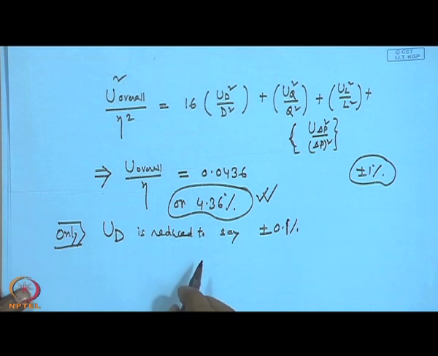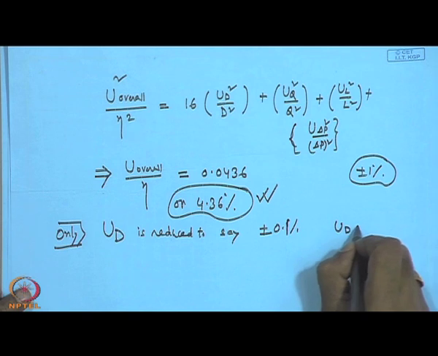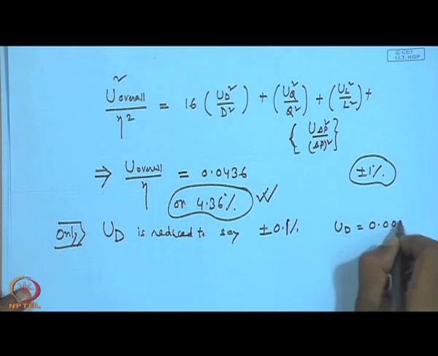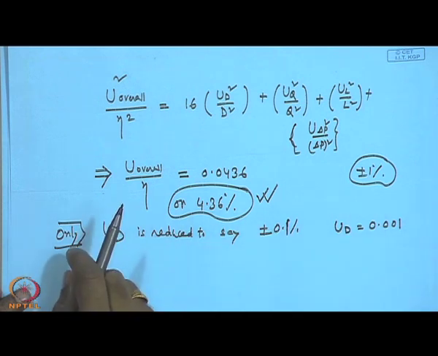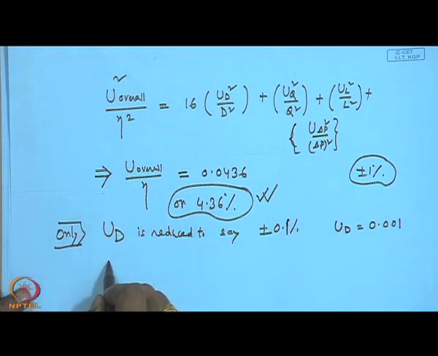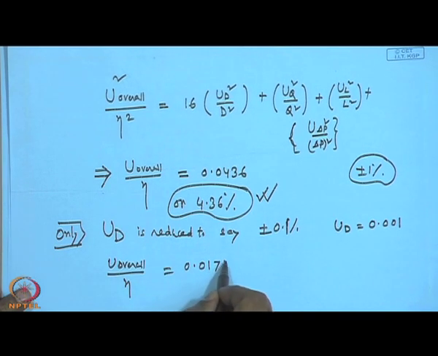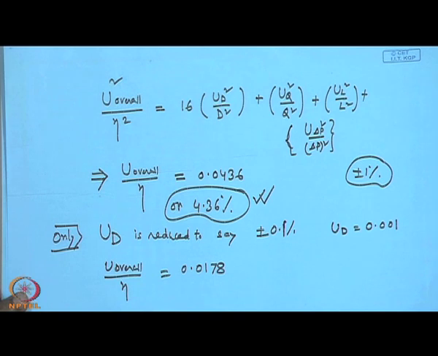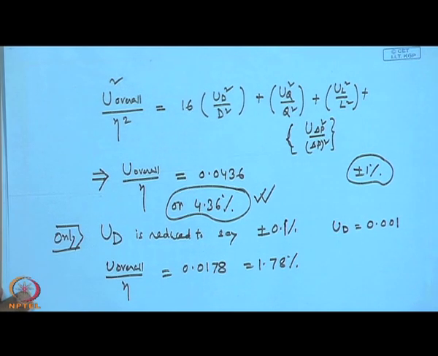If you do the same calculations, U_D will now be 0.001, while all other U's will be 0.1. So the uncertainty is reduced to 1.78%.